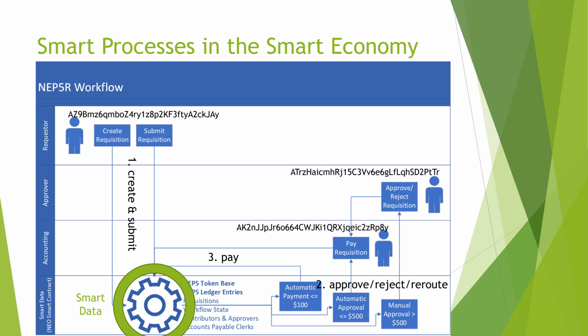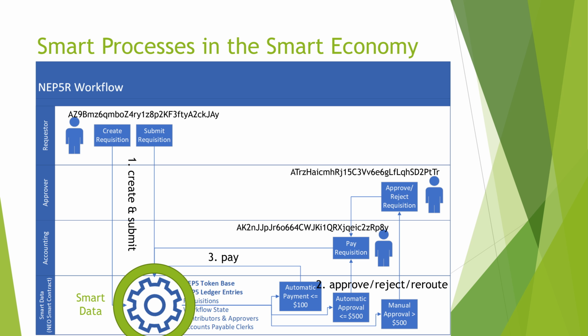So again, just looking at it in a little more detail, each of the actors in the workflow has an address. On the top left-hand corner, the requester, the person who creates the requisition, creates that on the blockchain with the support of a smart contract at the bottom.